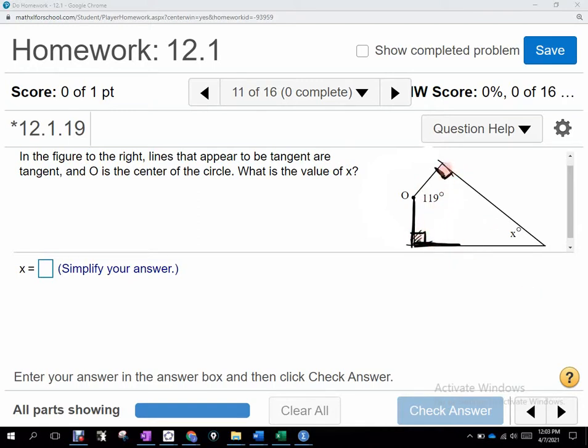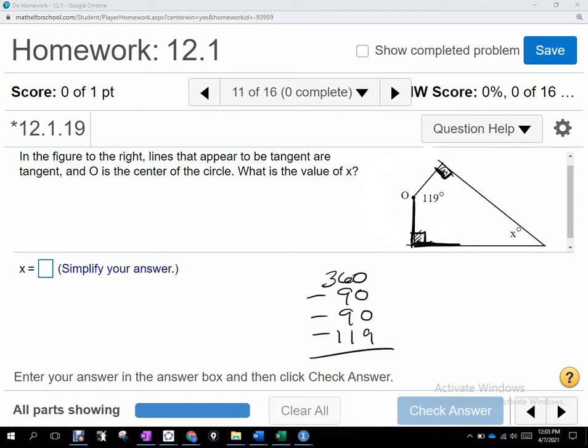But in chapter 6, how many degrees did we learn that a quadrilateral had in it? 360. So to find x, I could take 360 minus one of the right angles, minus the other right angle, minus the 119 that is there.